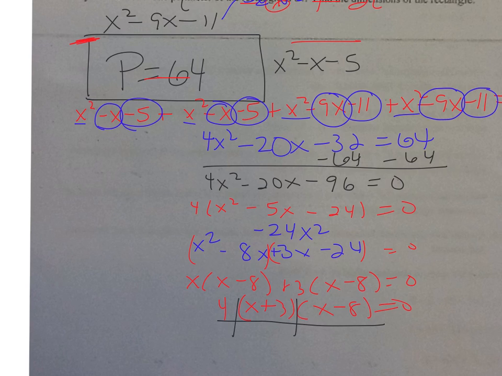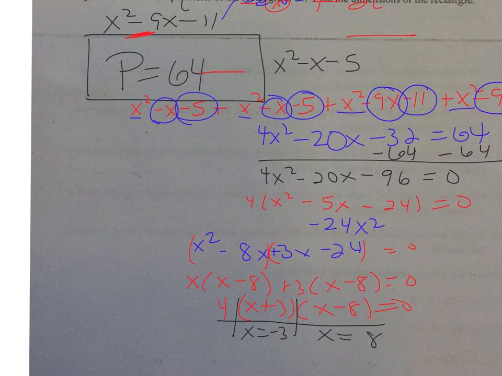The 4 doesn't matter. So I get x is negative 3 and x is 8. Now, we are talking about length and width of a rectangle. So don't get to this point and say, oh, I can't have a negative length, I'm going to cross off the negative 3. You have to check to see which one's going to give you a positive. You'll be surprised.